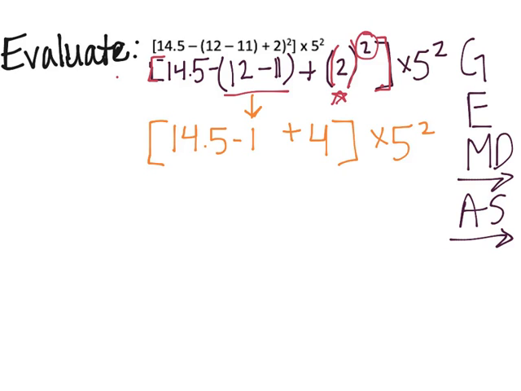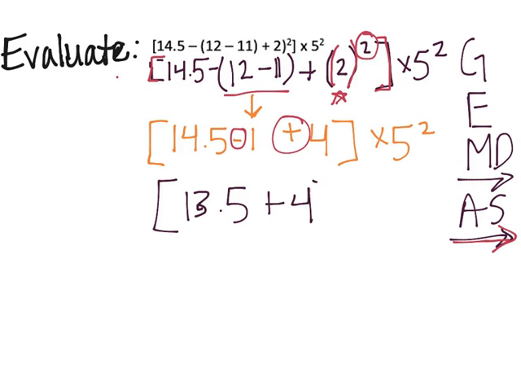Now I'm left with just one group. I know that I have addition and subtraction, and when I evaluate those, I have to go from left to right. So 14 and 5/10 minus 1 is 13 and 5/10 plus 4 close bracket times 5 squared.